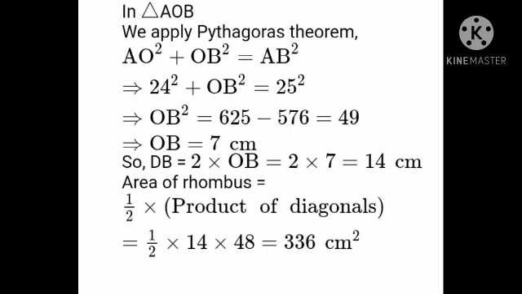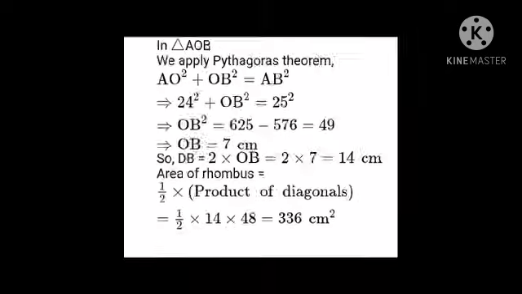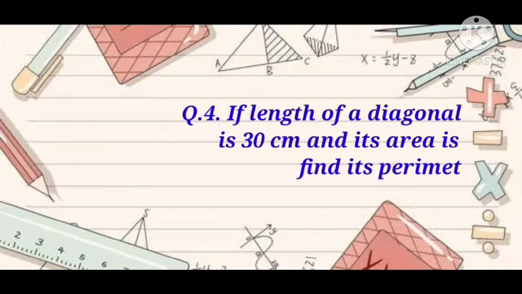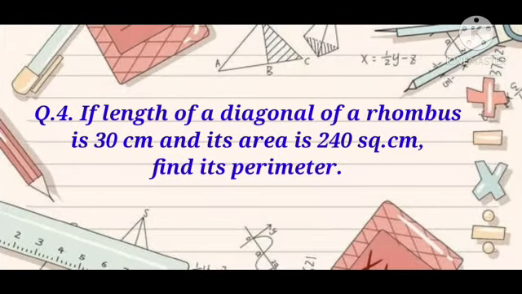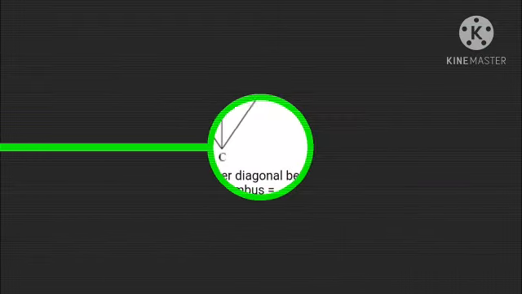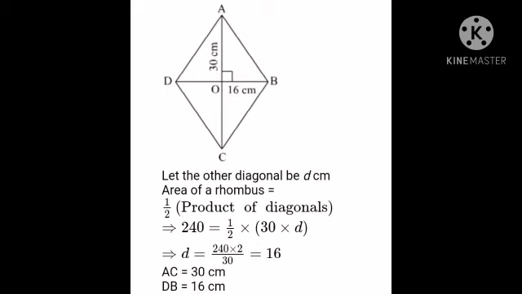Therefore, area of a rhombus is equal to 336 centimeters square is the answer. Question number 4. If length of a diagonal of a rhombus is 30 centimeter and its area is 240 square centimeter, find its perimeter. Look at the figure. Let the other diagonal be d centimeter.